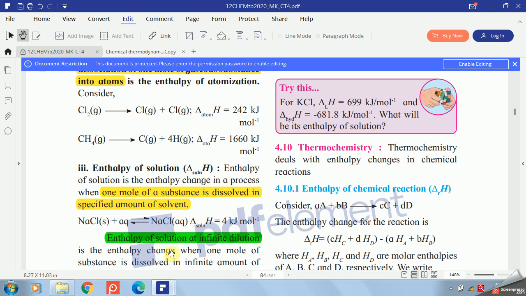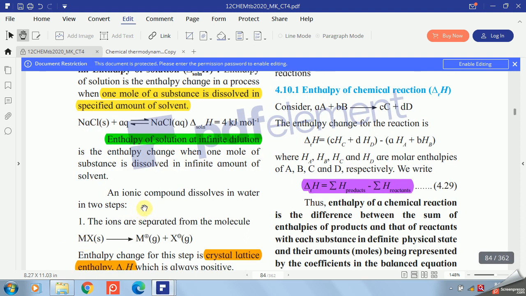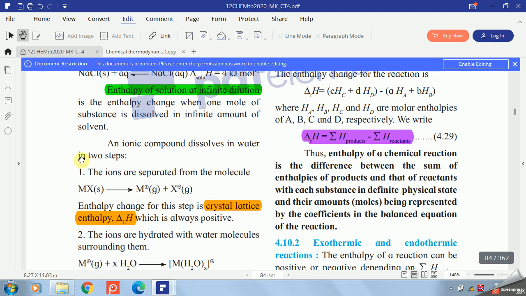Enthalpy of solution at infinite dilution means we take the solvent in large quantity, then your dilution is at infinite level. It is the enthalpy change when 1 mole of that substance is dissolved in infinite amount of solvent, that is enthalpy of infinite dilution. If you observe, ionic compounds are mostly soluble in water, so the ions get separated.